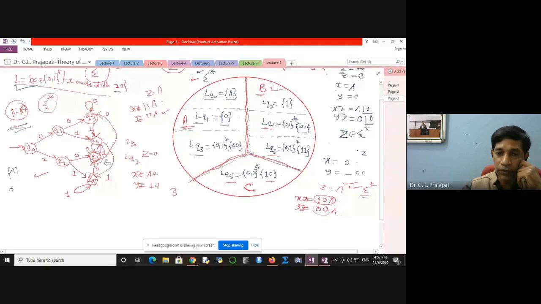You have the 3 equivalence classes, but you have the 7 states in the DFA, and this shows clearly that the given DFA is not a minimum state DFA. DFA means deterministic finite automata.